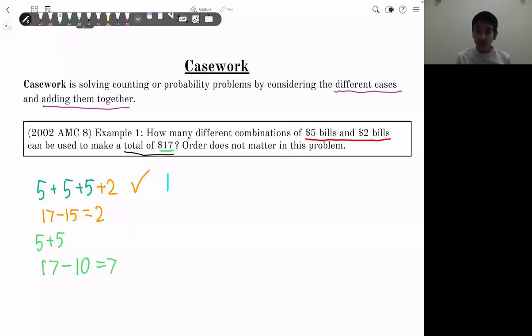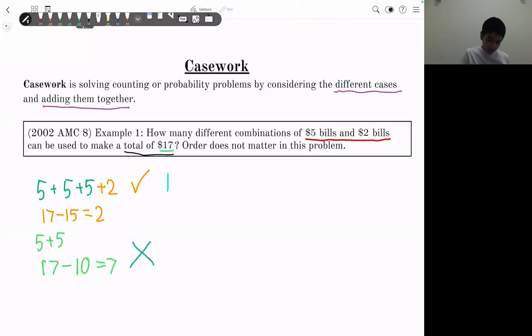No. Okay, so I'm just going to explain it then. It's actually not possible because 7 is odd. It's not divisible by 2. So there's no possible way to form $7 from just $2 bills. So this case doesn't work.